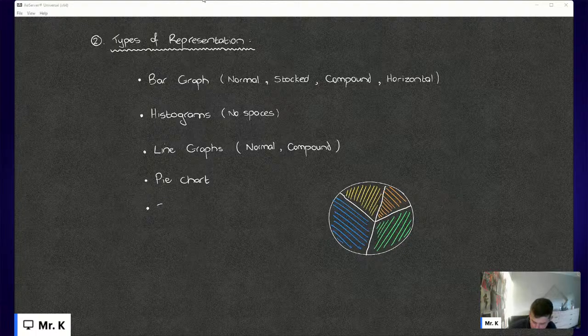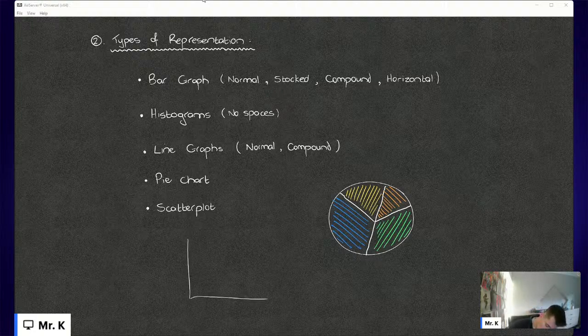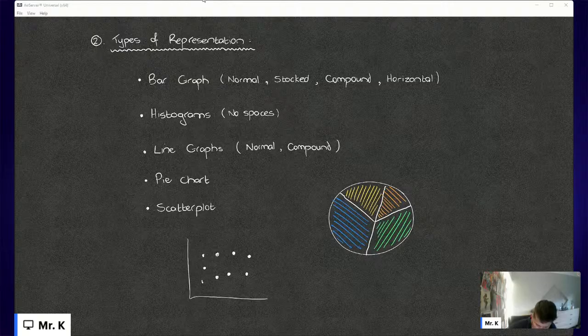Then lastly, guys, I'm not going to go through too many more, but we have a scatter plot. A scatter plot is a type of graph that has each data point represented as a dot. But because there are often so many of them, we don't connect them with one solid line.